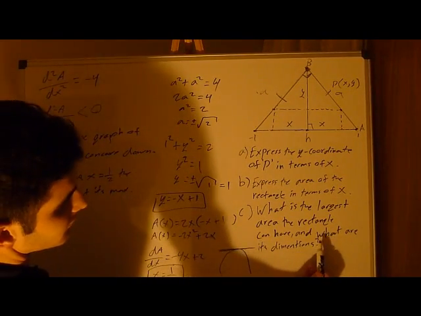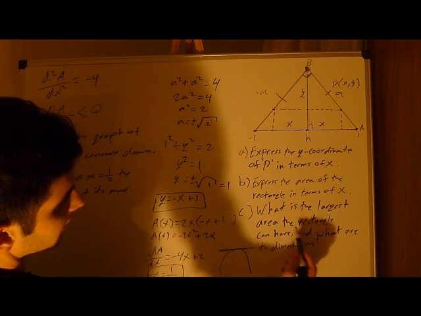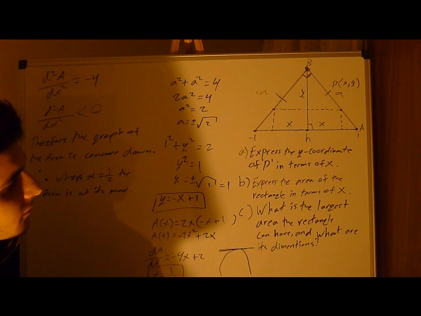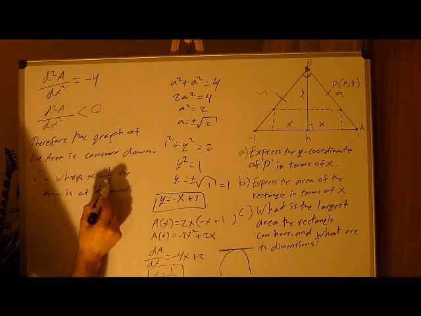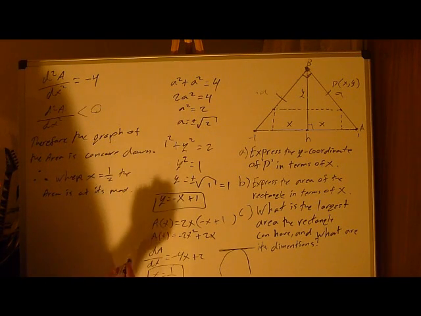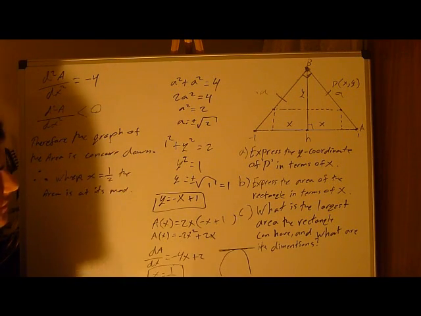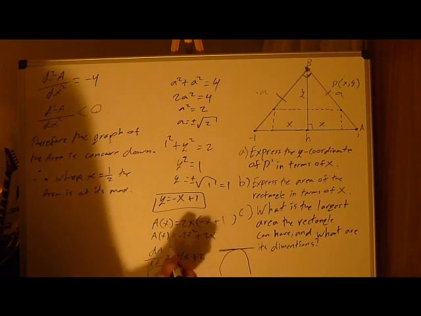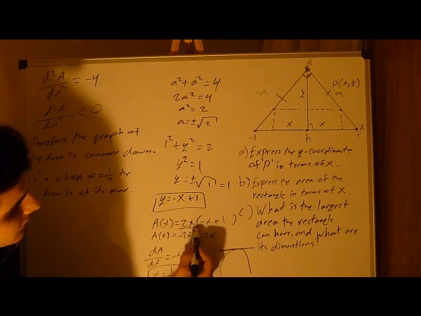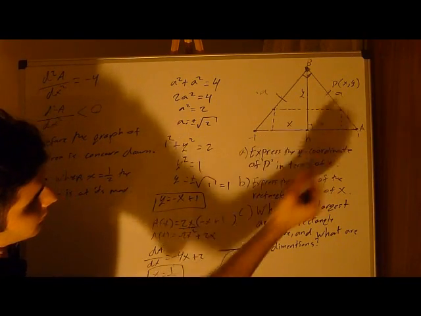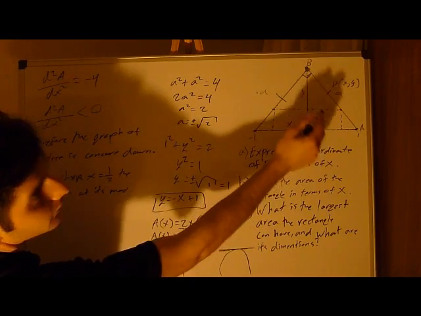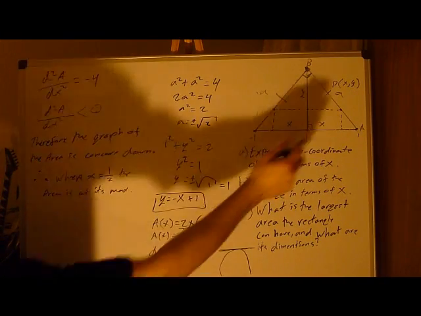Now it says what are its dimensions? We found when it could be the largest. Now, what are the dimensions? Well, you just plug in 1/2. As we said, 2x is the x dimension, and -x plus 1 is the y direction, or the height.